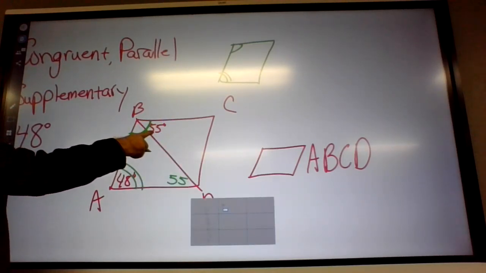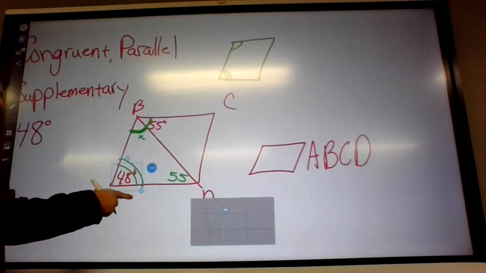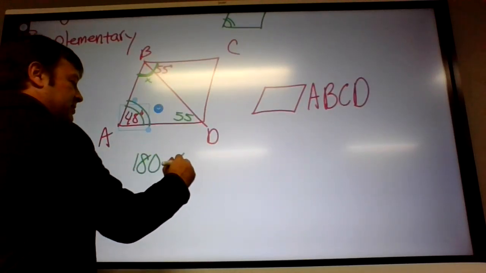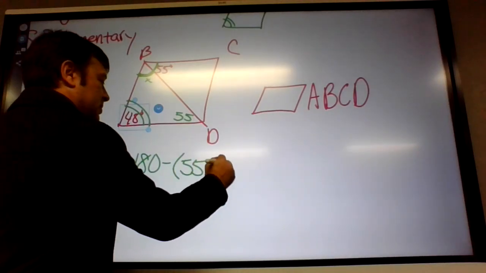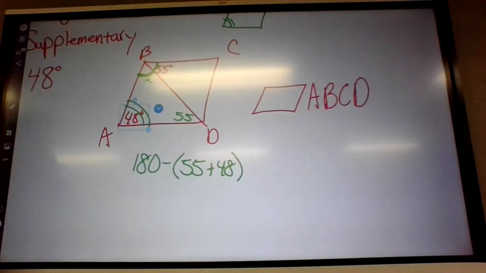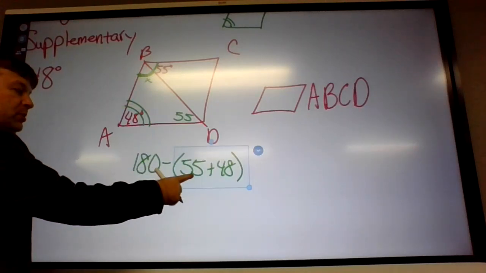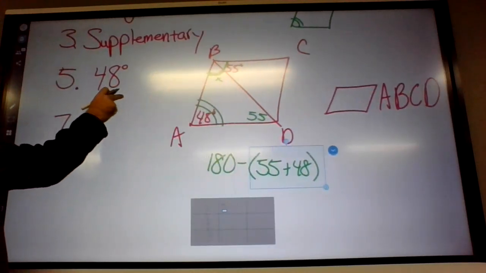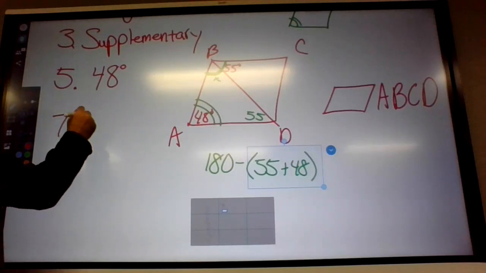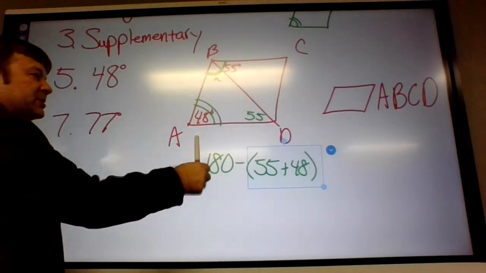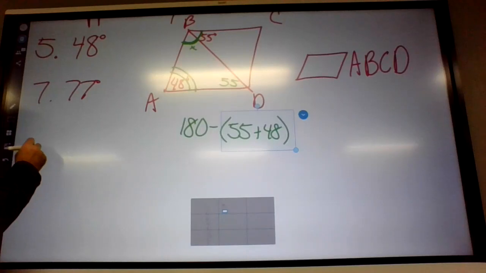So basically you do 180 minus whatever these two are, which is eventually what James got to. Same thing. So these add up to 103. 180 minus 103 is 77. But what James said was also true. If that makes more sense to you, go with it.